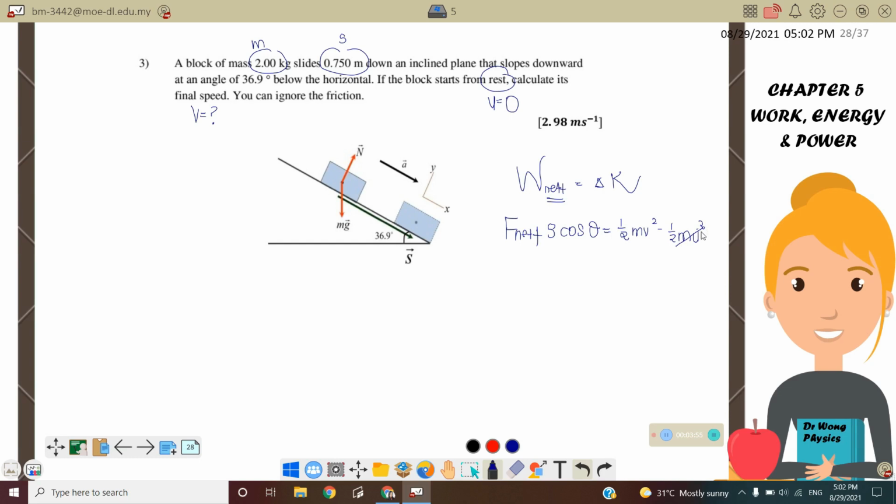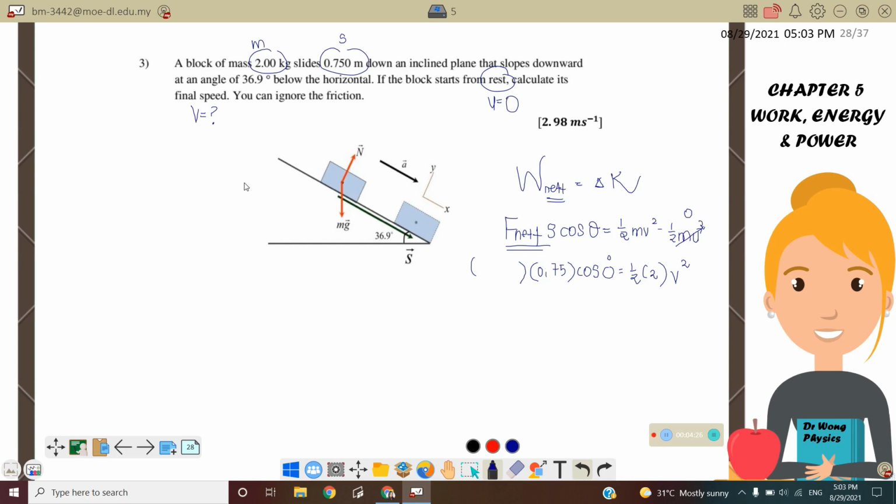Again, u is equal to 0, meaning there is no initial kinetic energy. F net is the value that we need to find. S is the displacement 0.75, cos theta, because the motion and the displacement are in the same direction, so cos theta equals 0. Half m is 2 kg. V is the value that we want to find. Meaning that you need to find F net first.